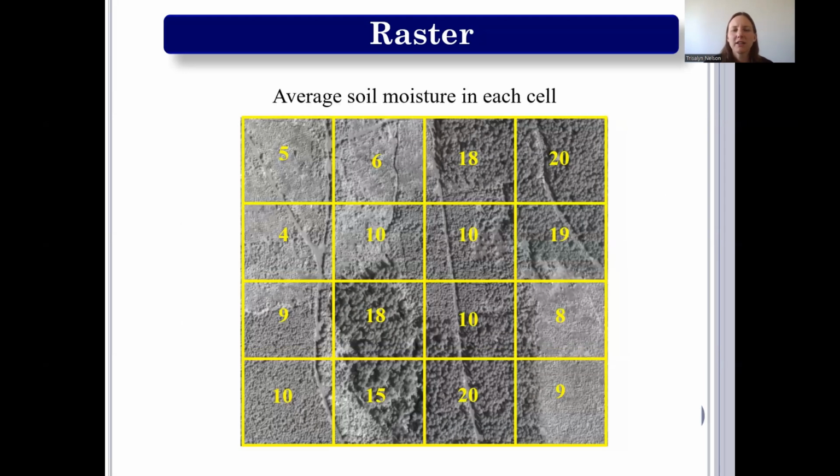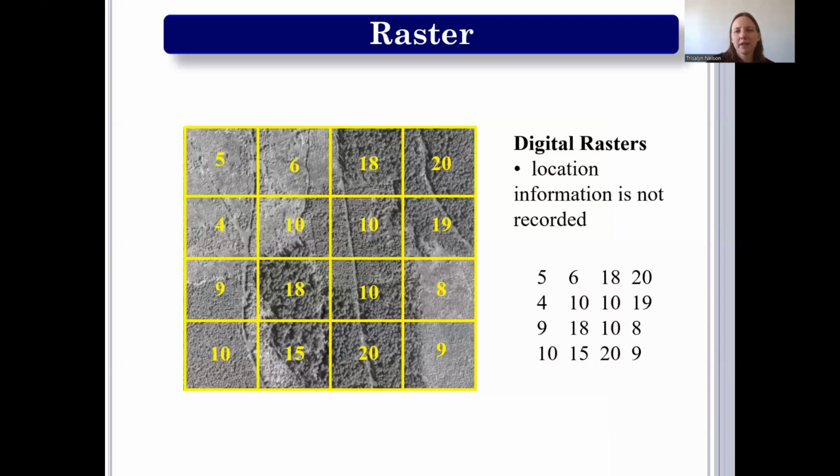But if we wanted to calculate the average soil moisture, we would represent it as a raster. You couldn't do average soil moisture as a vector, because soil moisture cannot be identified as a unique object. So you put down a grid, and then you might calculate the average soil moisture in each cell, and that might be based on a couple of samples that you take throughout your grid cell, ideally.